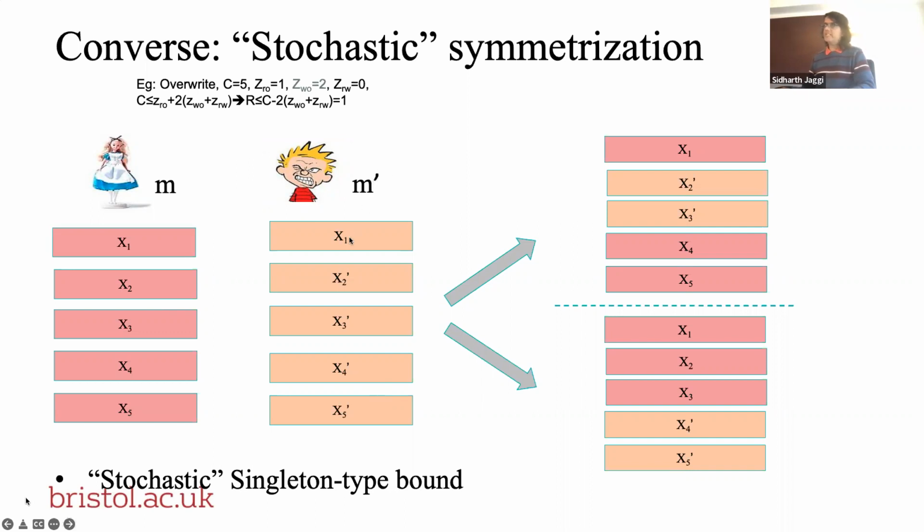So in particular, she had x1, x4 prime, x5 prime, and Calvin replaced x2 prime, x3 prime with x2, x3, right? So it's a symmetric situation, and that's why this sort of attack is called symmetrization, right?